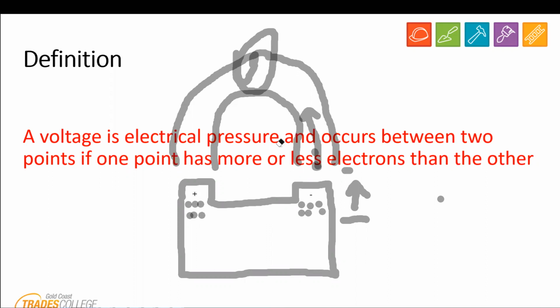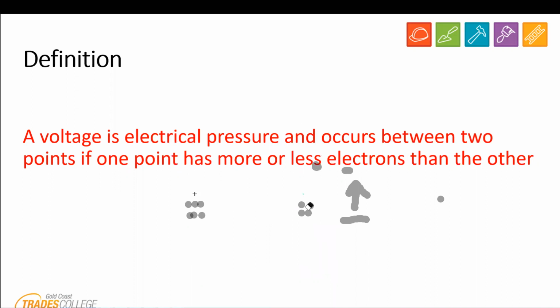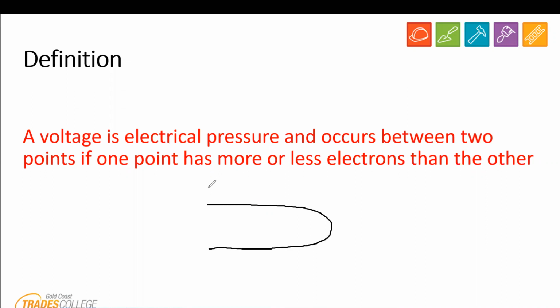Okay, you can think of that another way. If I was to, once again, try and draw something, we're not going to have a load this time. But if I was to draw something like this, and this is just a tube with air in it.